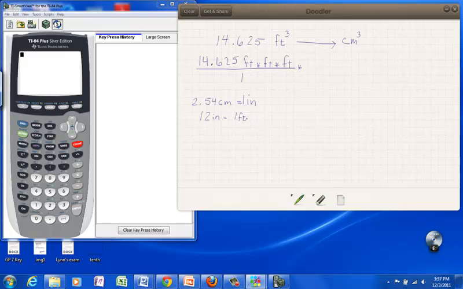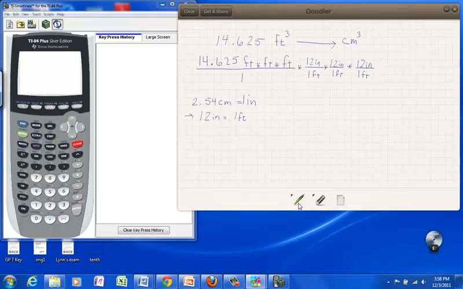Since I'm starting with feet, I'm going to start with this conversion here, and I want the feet to cancel. So I'll put 12 inches on top. Now this is only going to cancel with one of the feet, and I have 3 of them here. So I'm going to need 3 of these factors, and I do need the 12 each time as well.